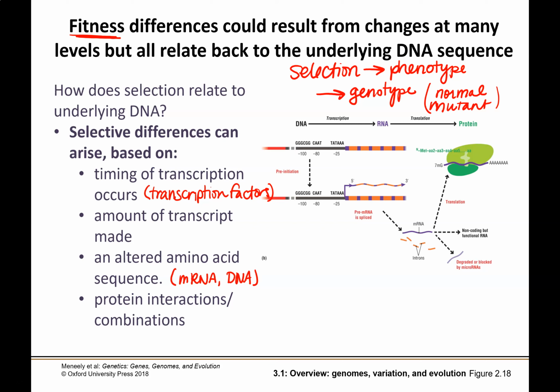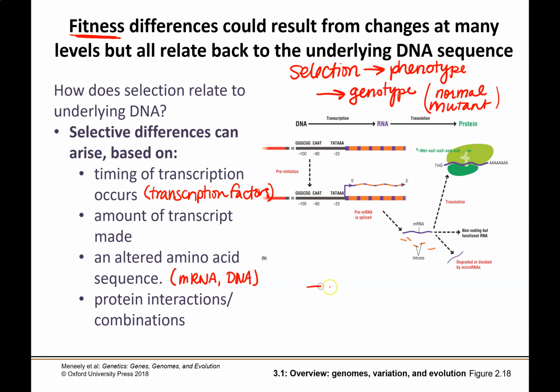So maybe in one individual you have a genotype that corresponds to a particular protein interaction or combination of protein interactions, and those compared to another individual that has coding for a different type of interaction. So there are many different molecular mechanisms that selection can be working on.